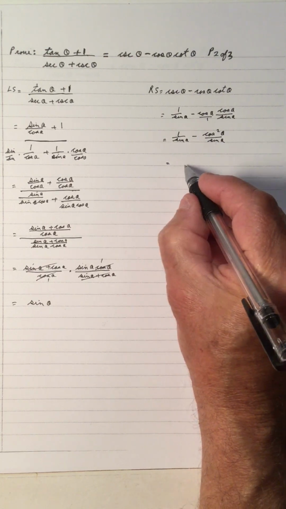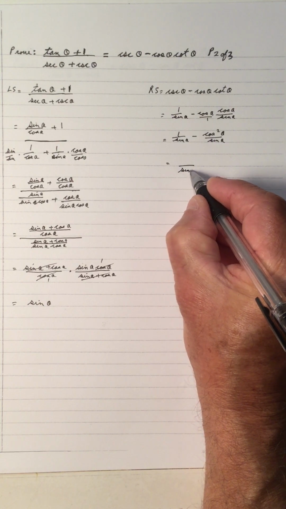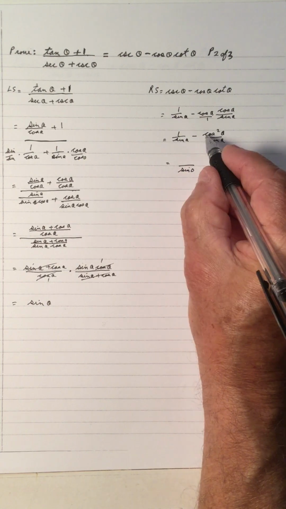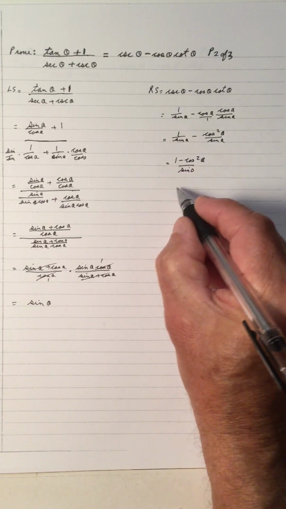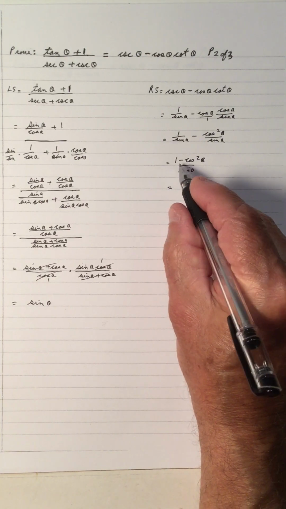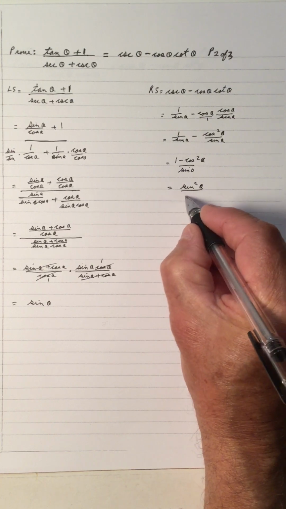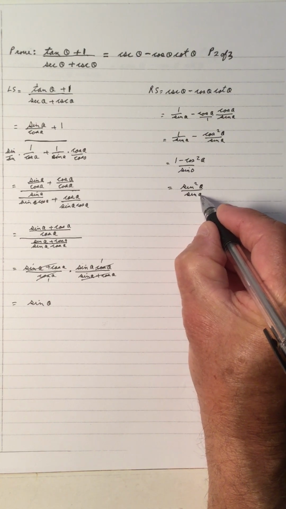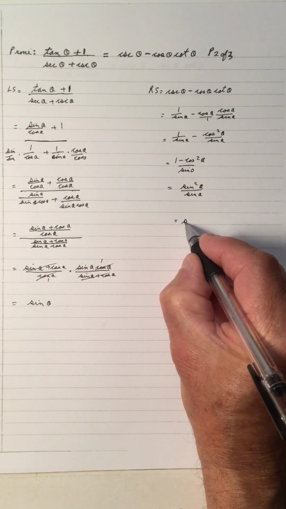And the common denominator is sine theta. So we subtract these, and 1 subtract cos squared. And 1 subtract cos squared is sine squared over sine. And sine squared over sine is sine theta.